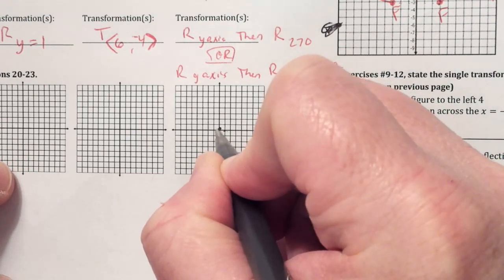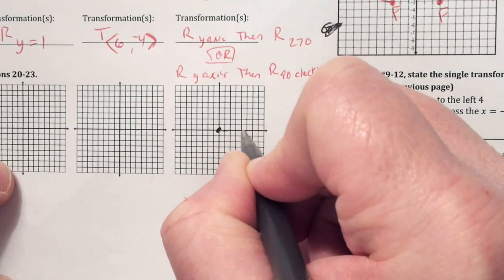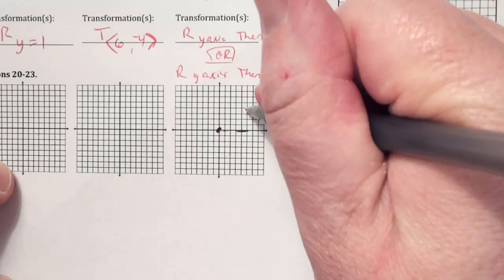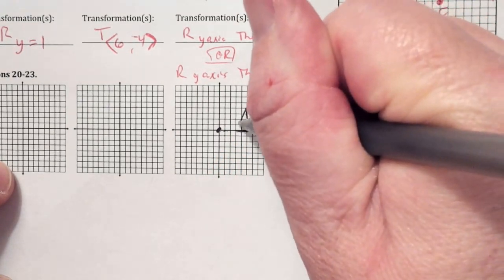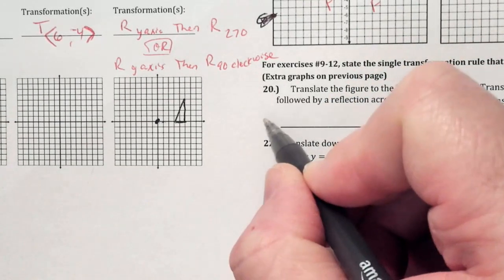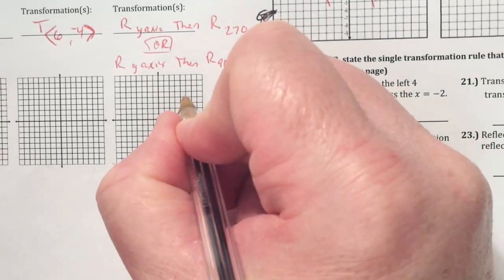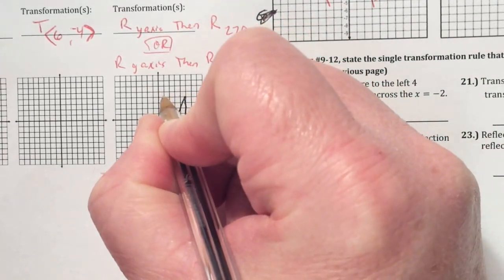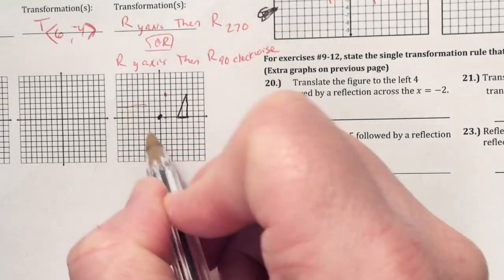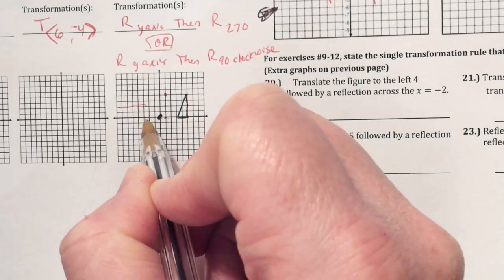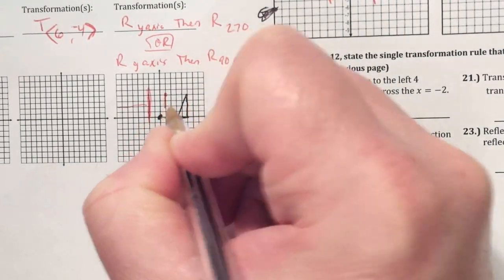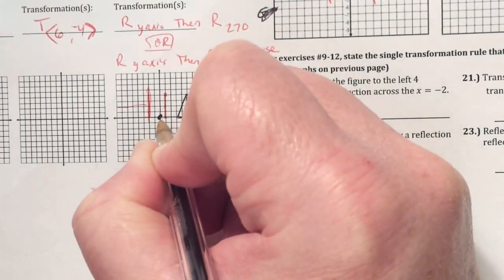So if this is my center, if I take this, if I shift 4 to the left, 1, 2, 3, 4, so I land right here, and then we reflect over x is -2. Oops, here's x, here's -2. So if I reflect over this, so it was originally this, right?